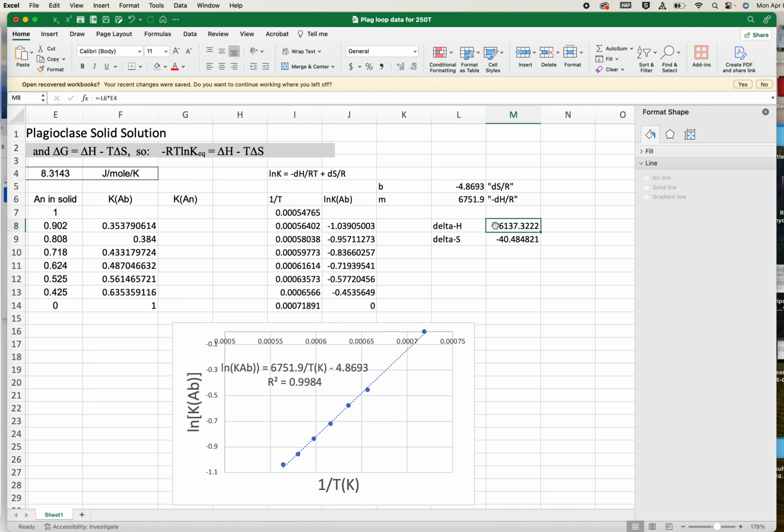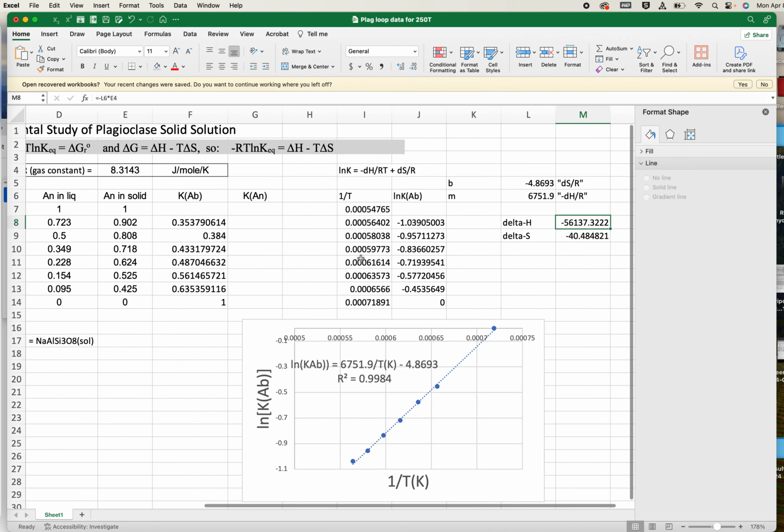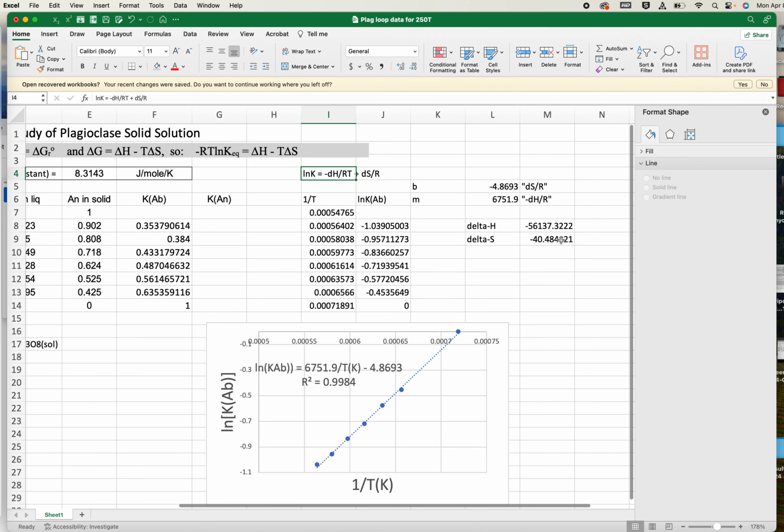Now, what are these units? The lnk, the natural log of k, should be unitless. And we're multiplying this by R, which I've written out in joules per mole dot K. The only way that this term here, the dH over RT, can be unitless is if the dH is in joules per mole.